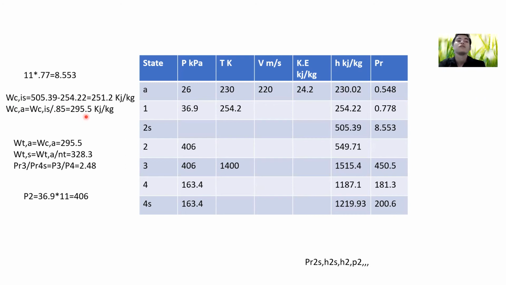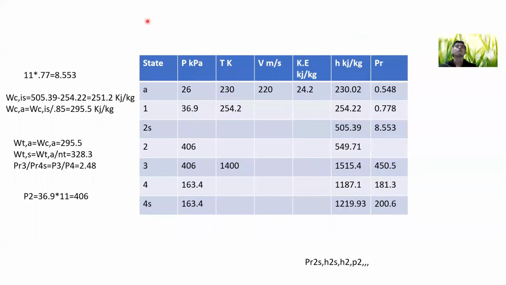Now we need to get P2, pressure 2. We'll just take the pressure 1, 36.9, multiply by the compressor pressure ratio, which will give us the value of 406.